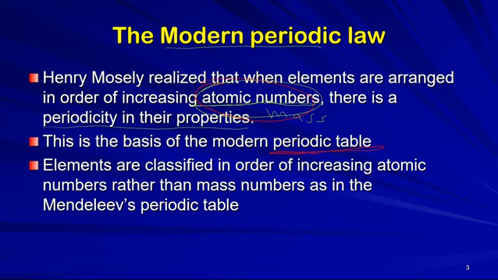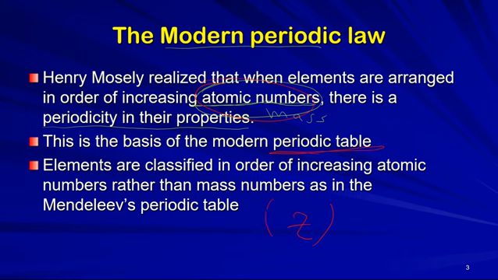So you will find that in the modern periodic table, the one we use today, elements are not arranged according to the increasing mass numbers, but according to the increasing atomic numbers, Z, the number of protons.